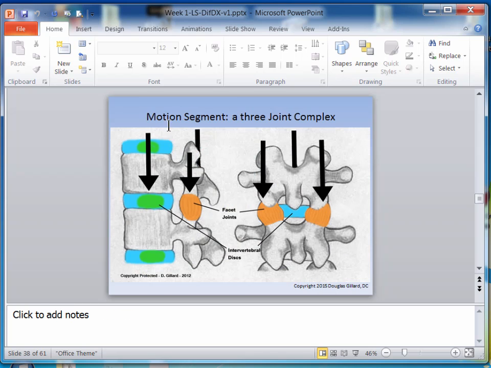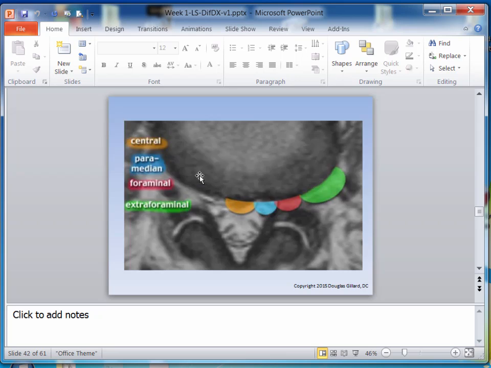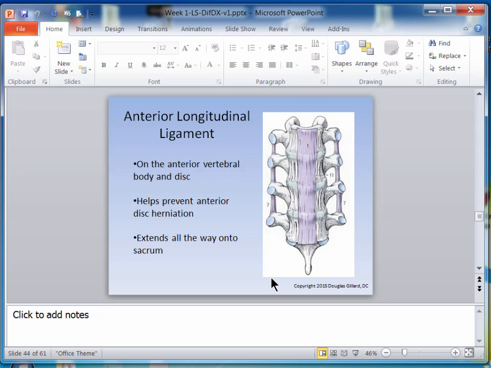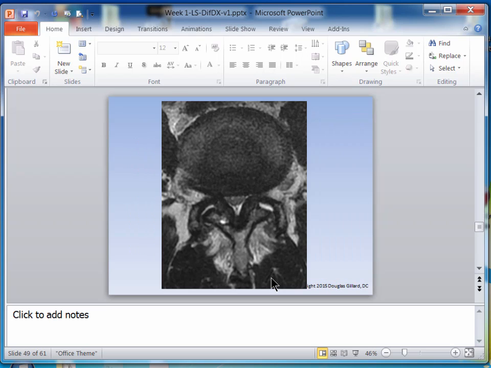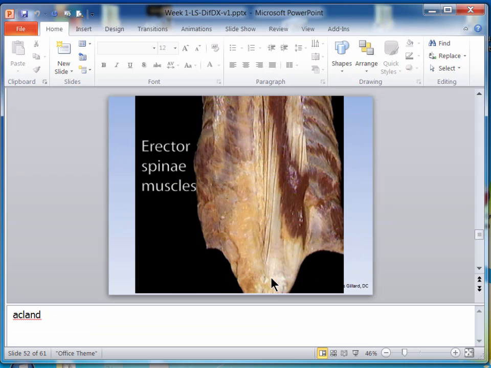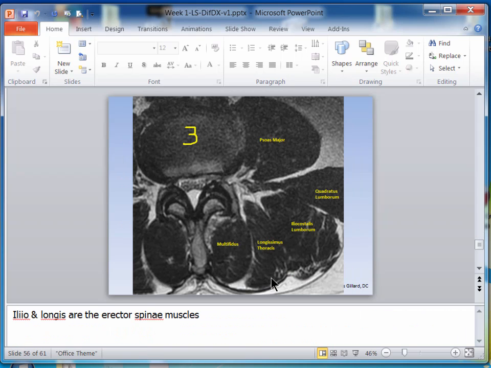Remember the three joints, the three where the axial weight load is carried. There's your zones. Make sure you know your zones, right? Those are where the disc herniations occur. Stenosis, we saw that one already. Make sure you know these muscles too. There might be one on these, which muscle is which.